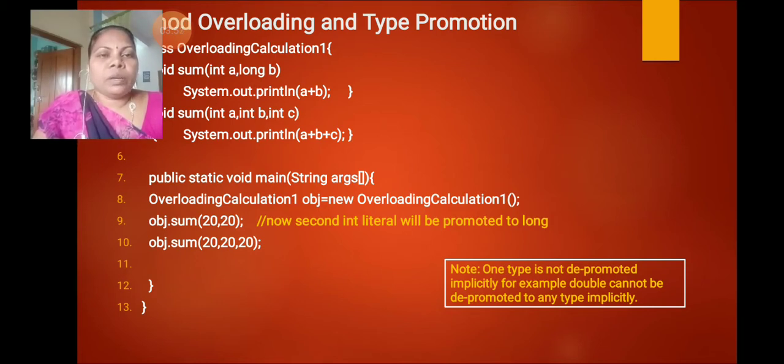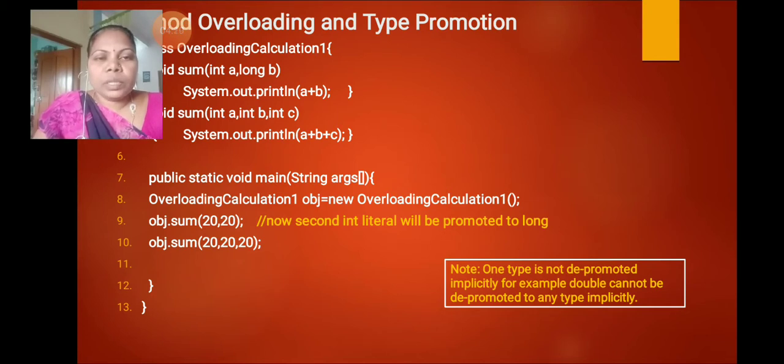Then I am taking one more overloading sum method with different parameters: int a, int b, int c. These are the three different variable declarations here. System.out.println a plus b plus c.